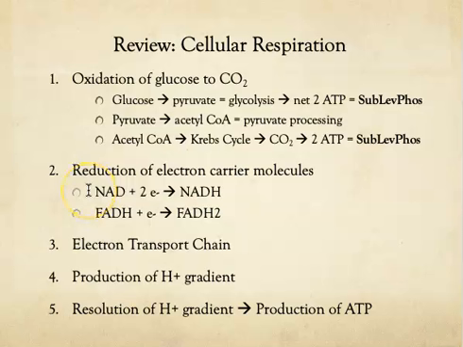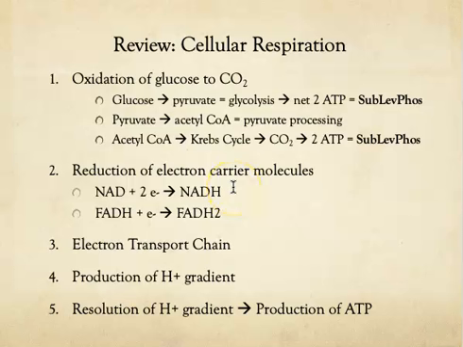We reduce electron carriers. Remember, if oxidation occurs, reduction has to occur with it. And when anything gets reduced, when it gains electrons, it also gains protons, hydrogen ions. So NAD becomes NADH. FADH becomes FADH2. Gained electrons, gained protons.